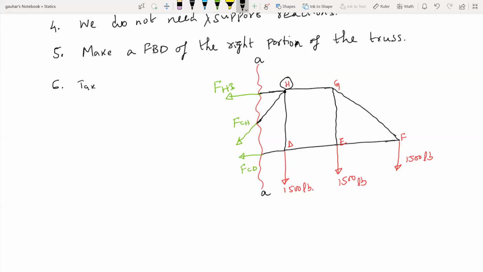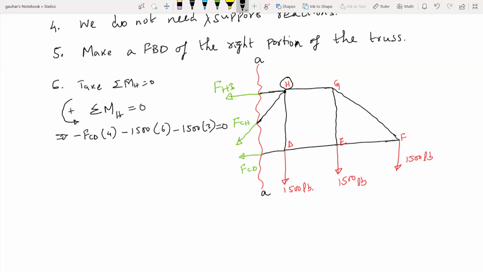So take sigma MH equals 0, right? So we need sign convention, counterclockwise positive, summation of moments at point H equals 0. And once you do that, you get negative FCD times 4, negative 1,500 times 6, negative 1,500 times 3 equals 0, right?